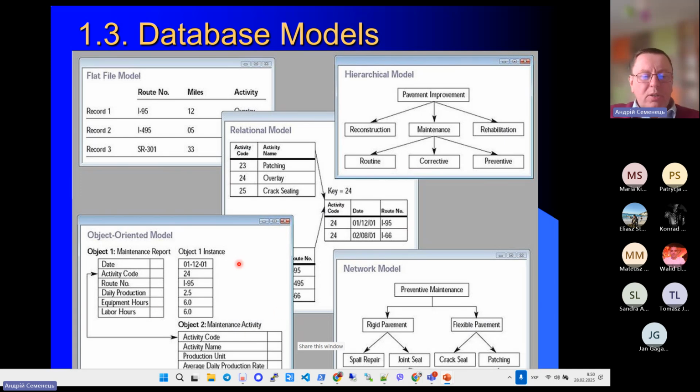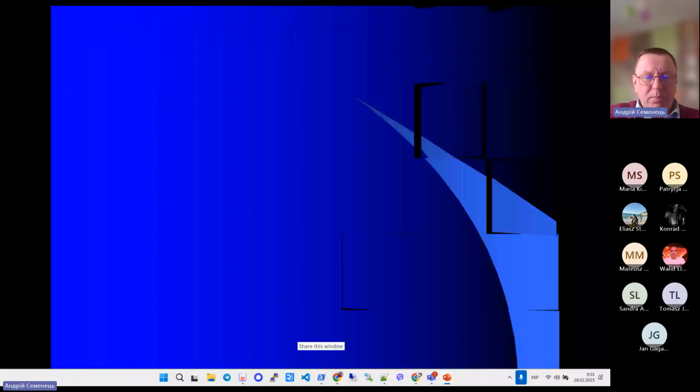And in fact, object-oriented is still an extension of the relational model, just in the sense that we have more flexibility and can define new entities on the fly, because we keep information in tables about not only data values but about data structures. So a less readable but more flexible approach.